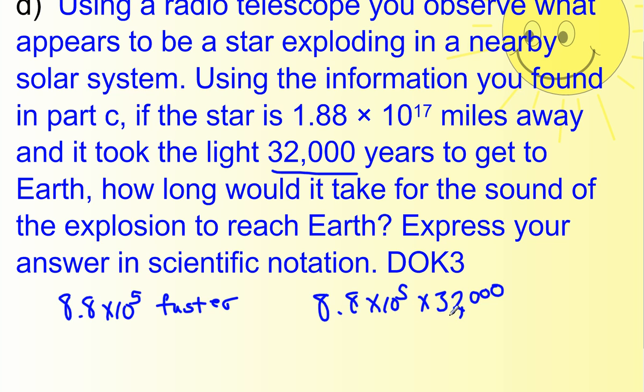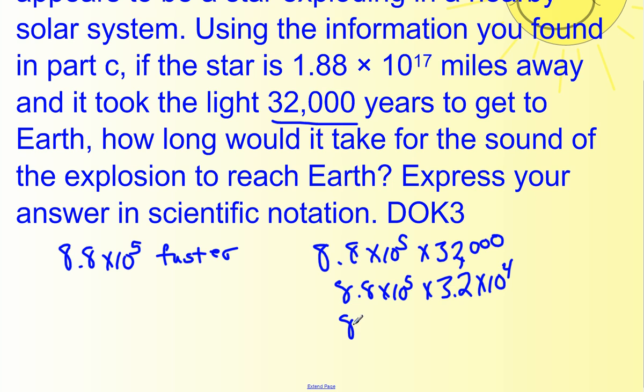So let's see. I'm going to take this and write it in scientific notation because I think it's going to make my job a little bit easier. 3.2 times 10 to the 4th. 8.8 times 10 to the 5th times this. I'm going to do my rearranging like we did before. So 8.8 times 3.2, and 10 to the 5th times 10 to the 4th.